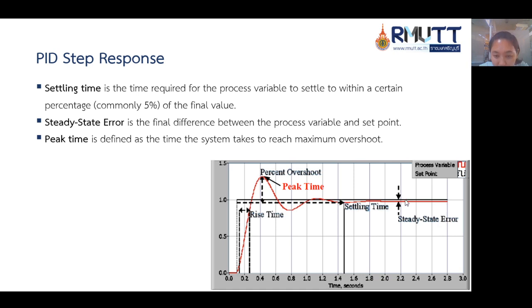The steady state error is the final difference between the process variable and set point. The peak time is the time the system takes to reach maximum overshoot.